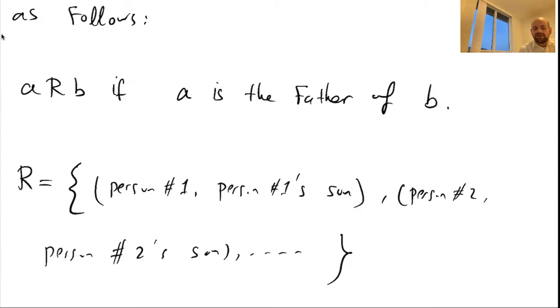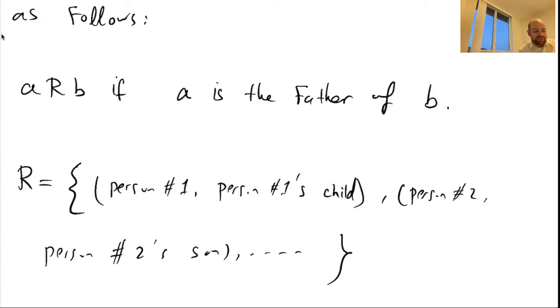Okay, so as long as a person has become a father of someone, then he and his child are a pair, and it could also be a daughter. So let's just say a is a father of b. The first coordinate has to be male because it's a father of someone.